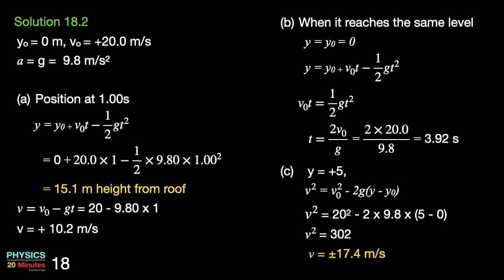What does it mean? So remember, here the plus is upward direction and minus is downward direction. So ball will be crossing the 5 meter mark once by going upward and then again by coming downward. Therefore we get the two answers here in the form of plus and minus.